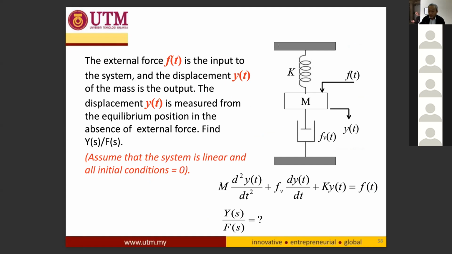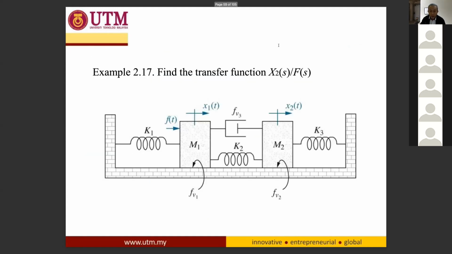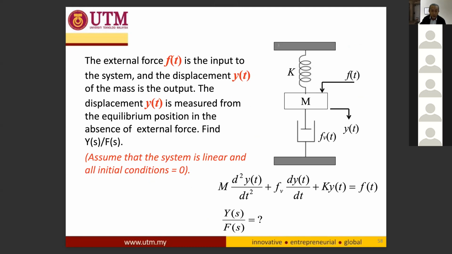Okay, we have another example here for you to think about. The external force f(t) is the input to the system and the displacement y(t) of the mass is the output. The displacement y is measured from the equilibrium position in the absence of external force.